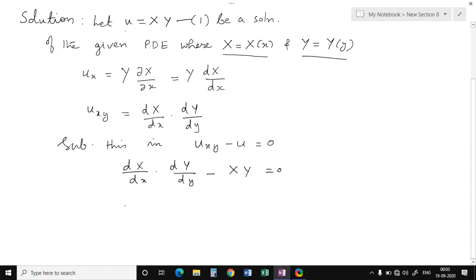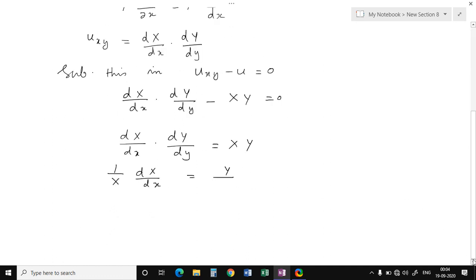For that, we can write this as dX by dx multiplied by dY by dy equal to XY, or we will write it as 1 by X into dX by dx is equal to Y divided by dY by dy. So now variables are separated. The left hand side contains functions in x alone and the right hand side contains functions in y alone.